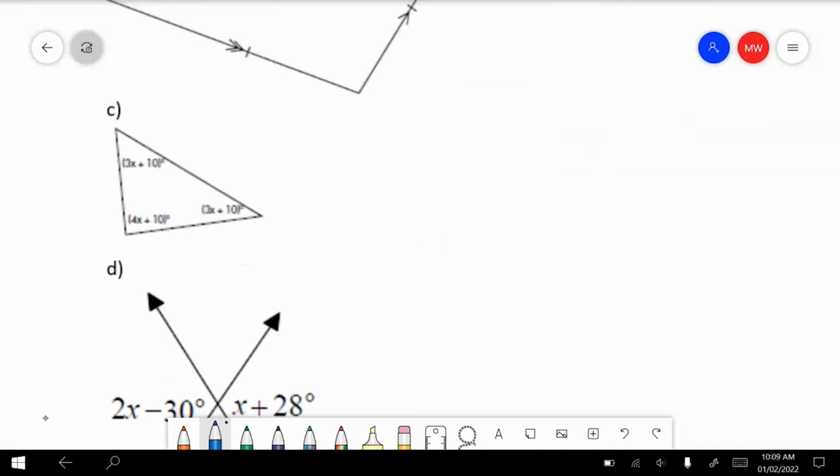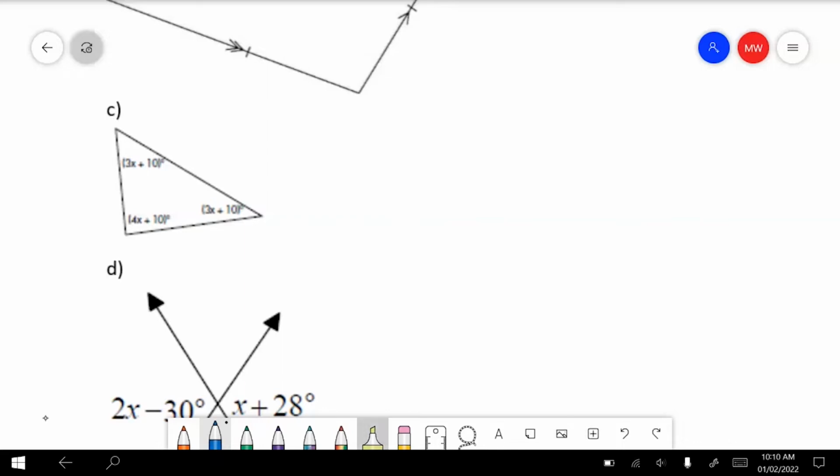In question 1C, I've got a triangle, so this one's a three-sided polygon. So we know that the internal sum of all the angles is going to be 180 degrees. But there's a lot of algebra in this one. So what we'll need to do is just separate those two things.